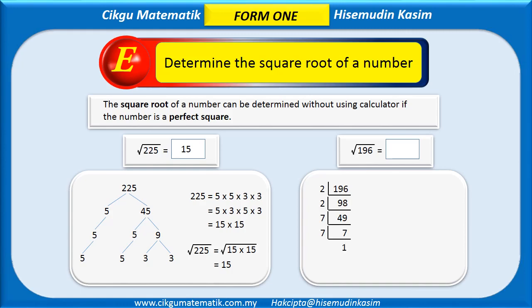Divide by 7, 1. 196 equals 2 times 2 times 7 times 7, which equals 2 times 7 times 2 times 7, which equals 14 times 14. The square root of 196 equals the square root of 14 times 14 equals 14.